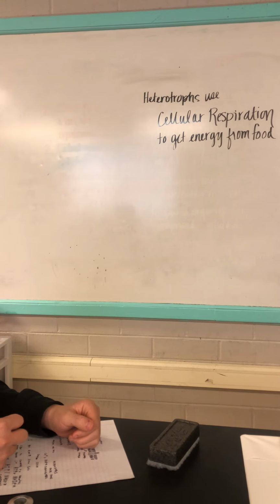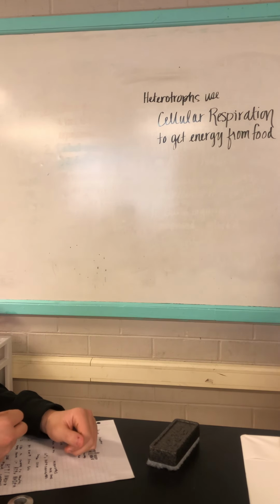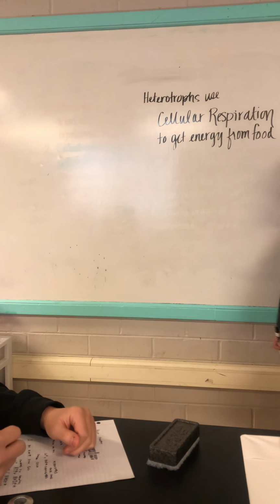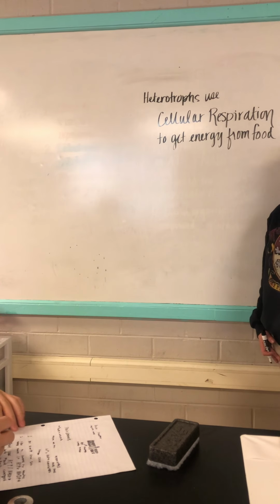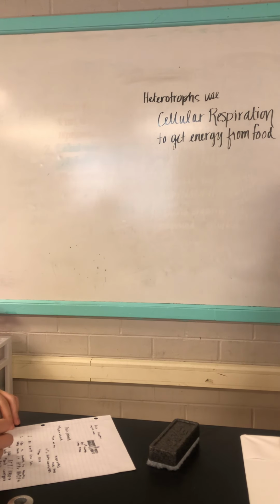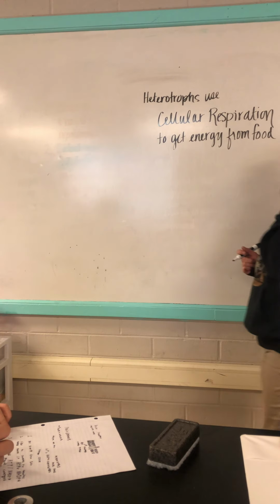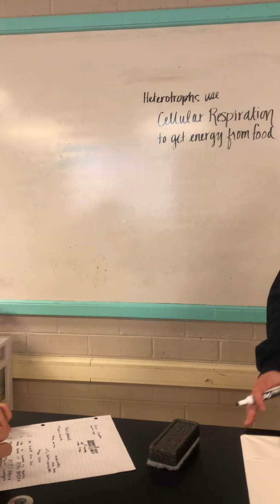So, if we're eating a plant, how are we getting energy from that? It has glucose, right? So it takes those sugars and converts them into an energy source for us.